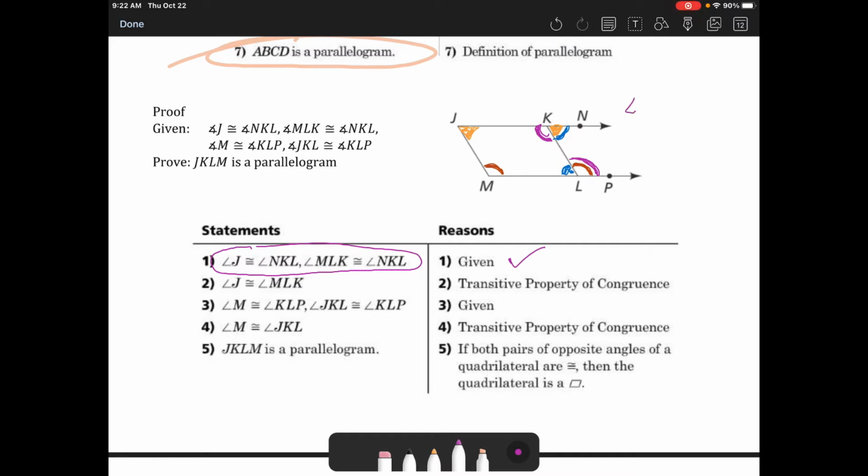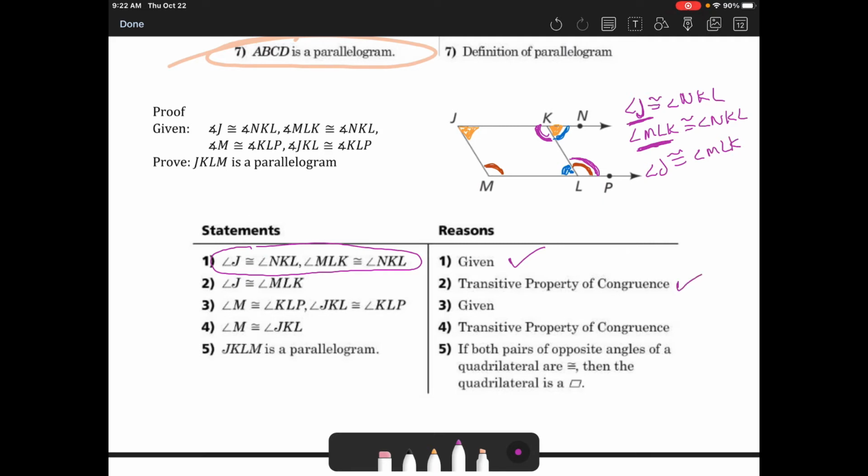So we have angle J is congruent to angle NKL, and then we have angle MLK is congruent to angle NKL. So since this one is congruent to NKL and this one is congruent to NKL, by the transitive property we can conclude that angle J is congruent to angle MLK.